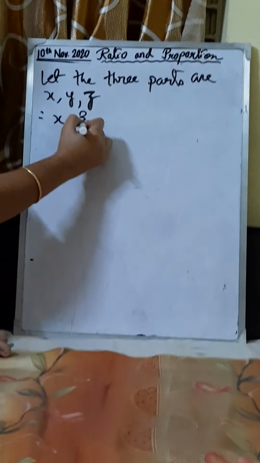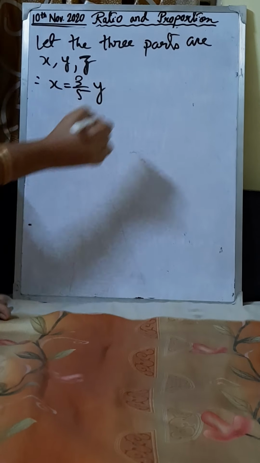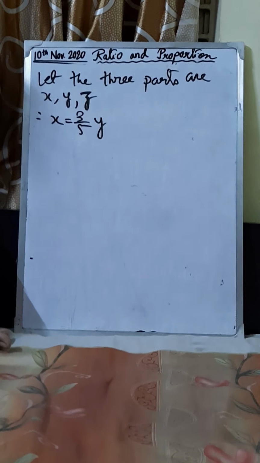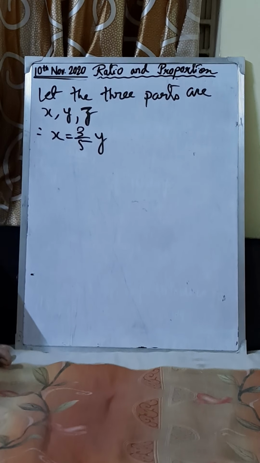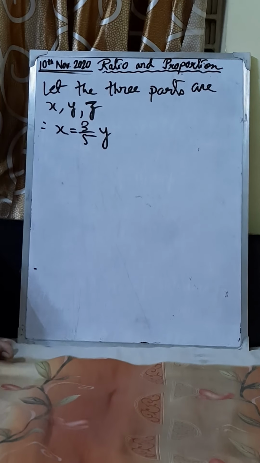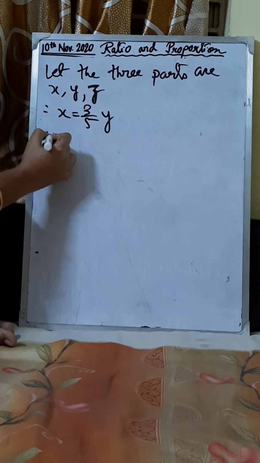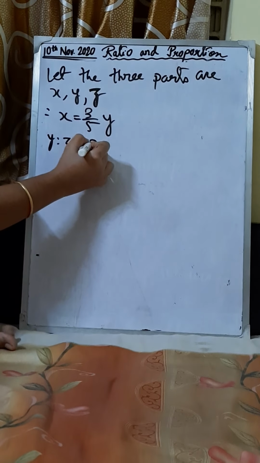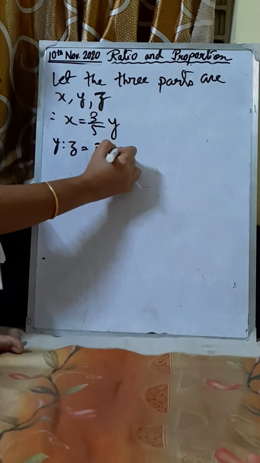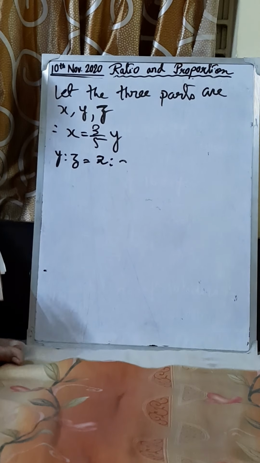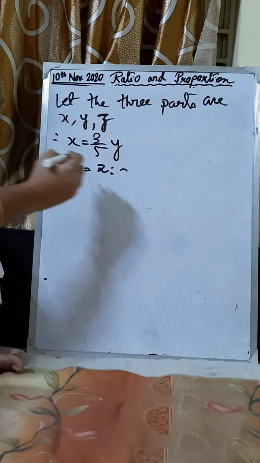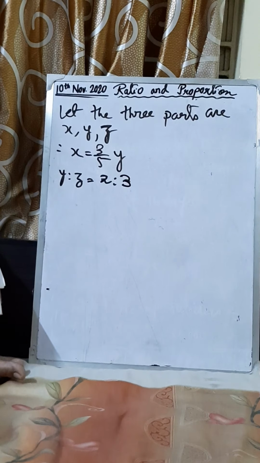And the ratio between the second and third part is 2:3. That means the second and third parts are in the ratio 2:3. It is given here. Yeah, 2:3. It is given. Right.